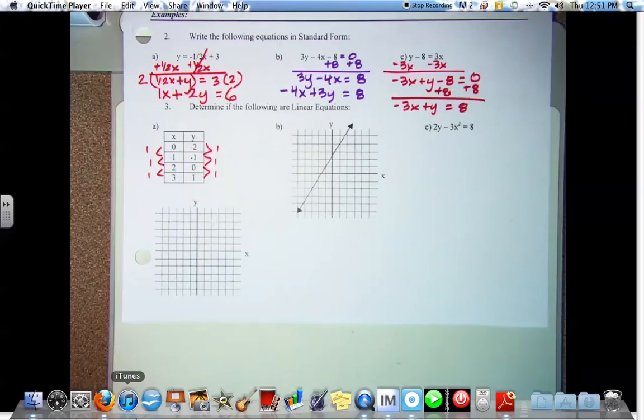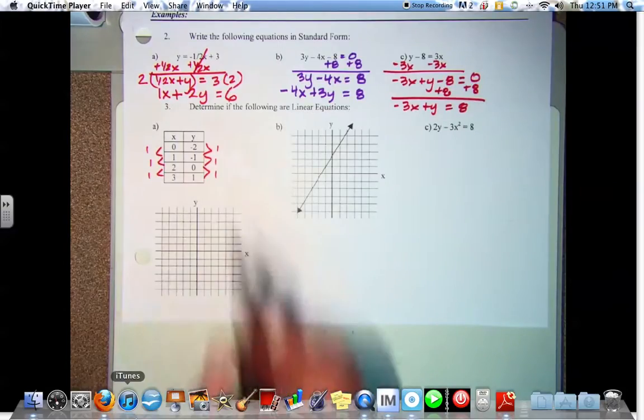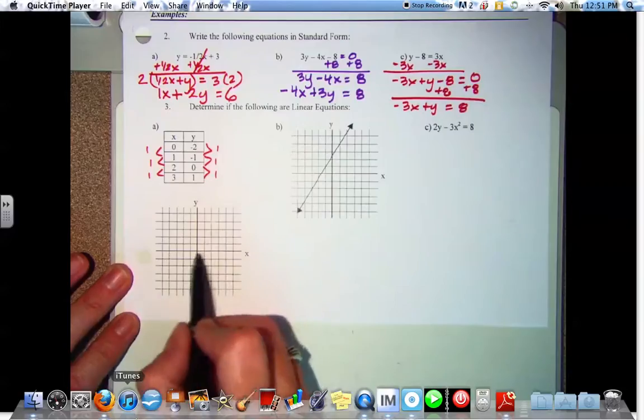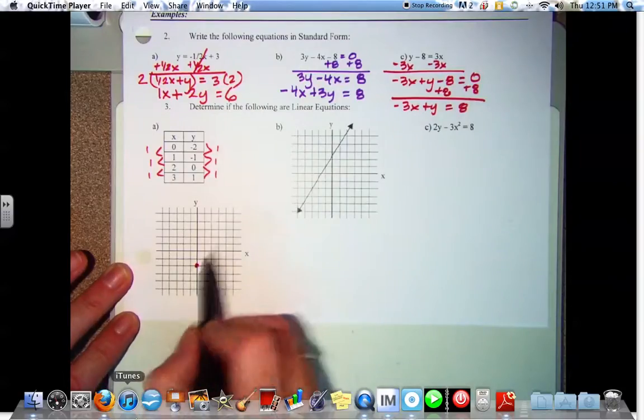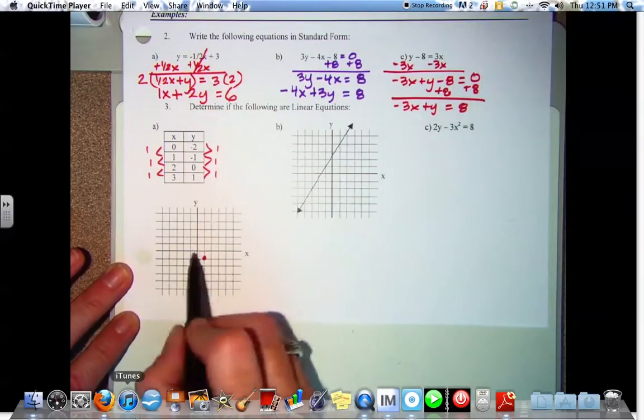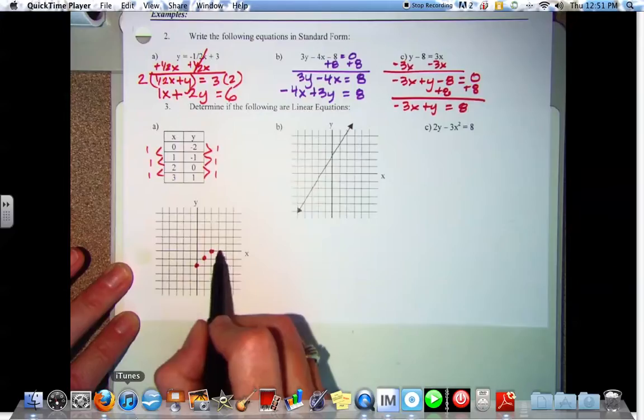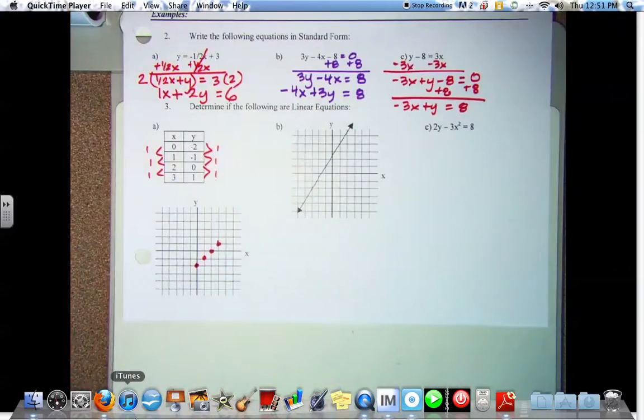Is it going to give us a straight line? Yes. You can graph it to double check. You have 0 and negative 2, 1 and negative 1, 2 and 0, 3 and 1. So is this going to give us a linear equation? Yes.